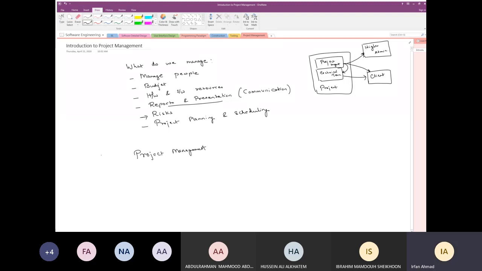So let me call it: good project management does not guarantee success, but bad project management does guarantee failure, in a sense. What do you think about this?